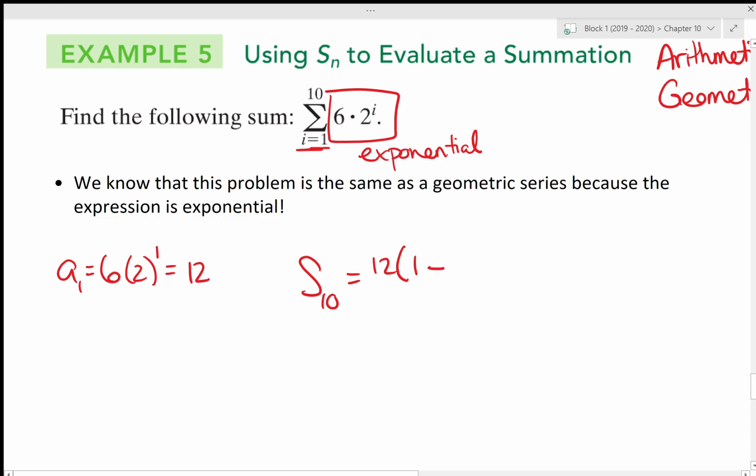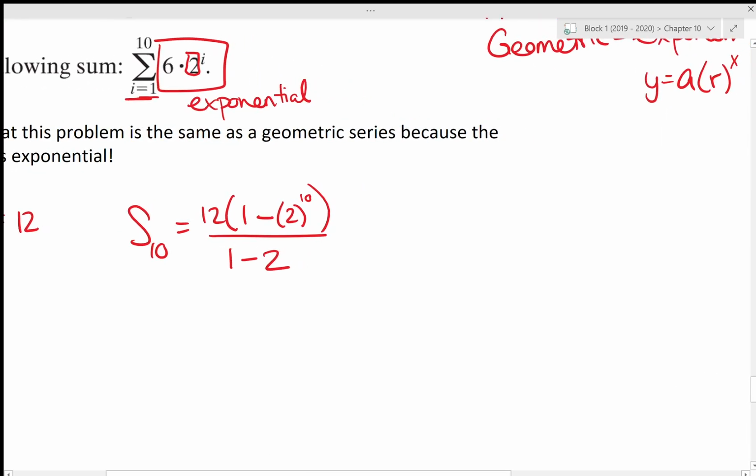Now my r is going to be that rate of change, okay? So in this case, it's the 2 to the nth power, so 10th power, divided by 1 minus my r, which is 2. So S of 10, I'm going to get 12 times. Now 1 minus 2 to the 10th, I should get negative 1,023.